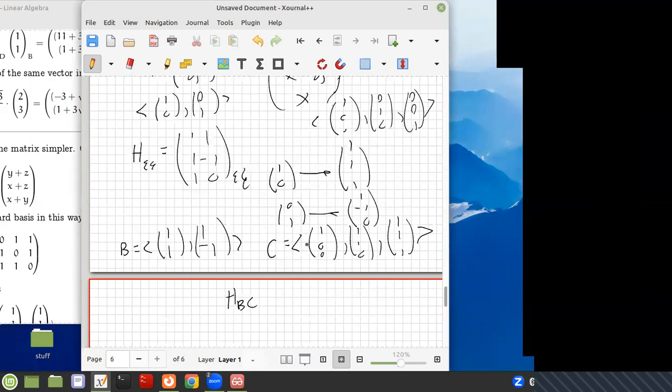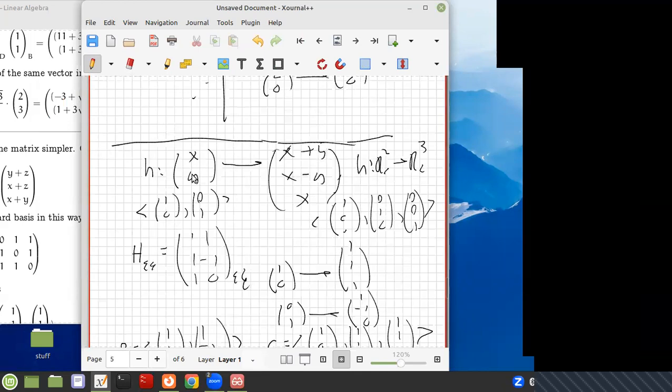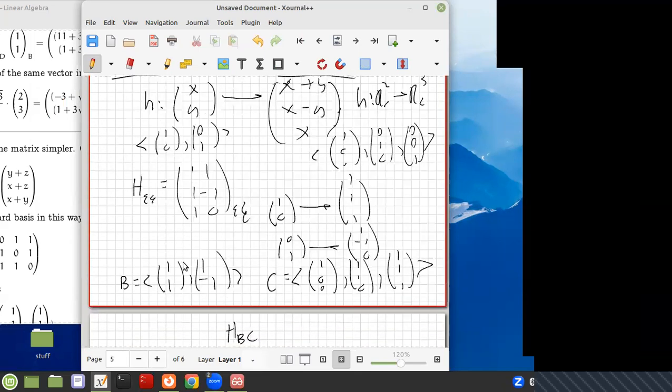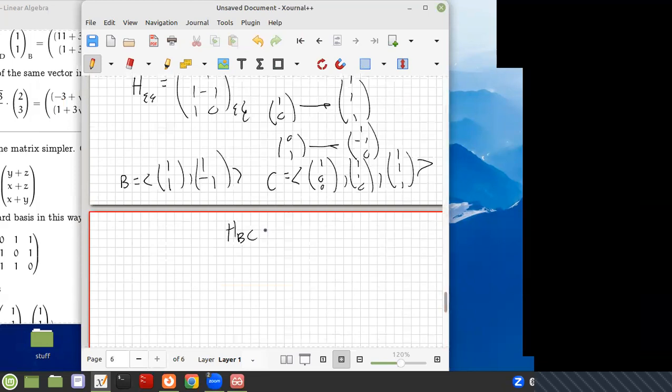Well, we could go through and just say, well, we know what H is. Let's do what I told you before: you take this vector, and you would take the images of these vectors and then transform them to C here, right? But we know that there's a connection between these two matrices.